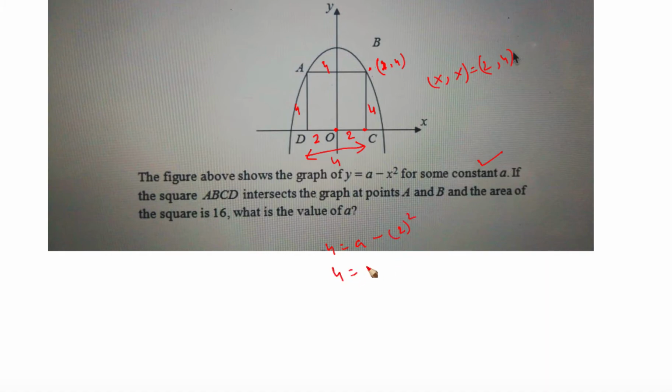So 4 is equal to a minus 4. So a is equal to 8. So the value of a is 8. Again I used the same strategy: I know the rule, I use the information to move forward. So you can see that if you are clear and have the practice, it will take very little time to solve a question on the GRE exam.